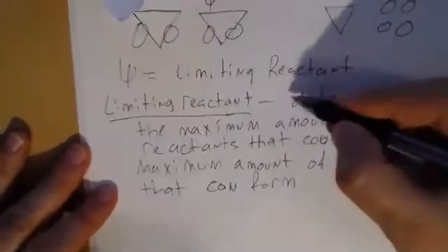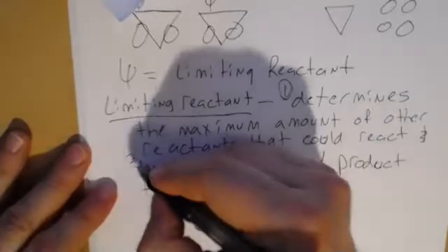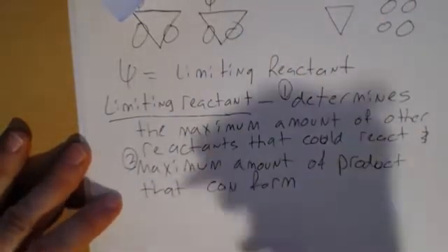So limiting reactant: 1, determines the maximum amount of other reactants that could react, and 2, determines the maximum amount of product that can form.